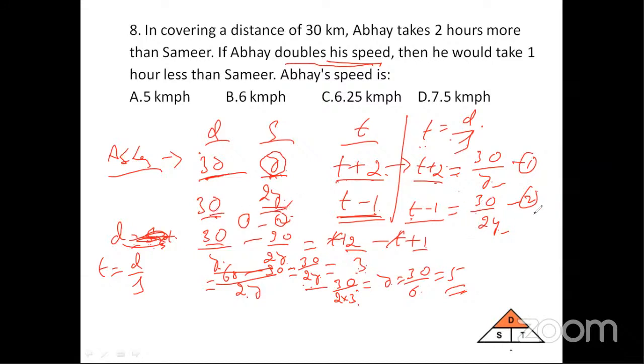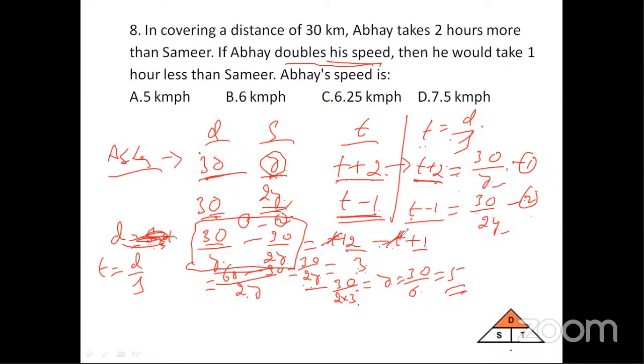So 30 by 2y. This is equation 2. So when we subtract these two, 1 minus 2, we get 30 by y minus 30 by 2y on one side. On the other side, t plus 2 minus t minus 1. When we do this, minus into t, minus into minus 1, plus 1 we get.